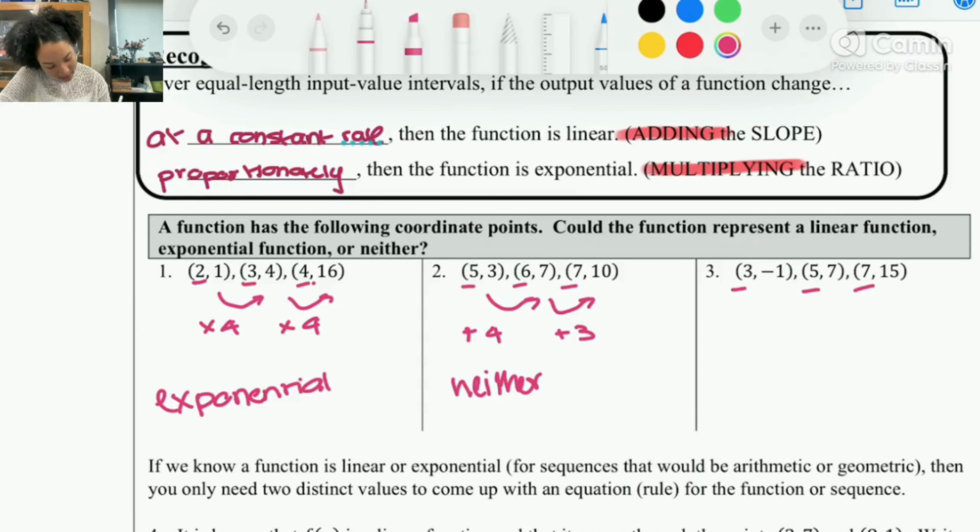And then the next one, the input intervals are adding by 2, and then the y values are adding by 8. If you can see that. So the last function is going to be linear.